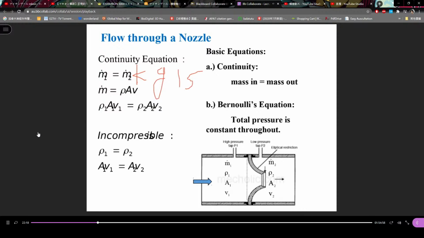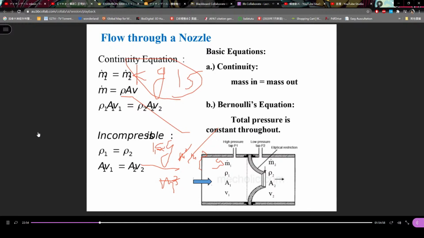Rho means density, in kilograms per cubic meter, and area is in square meters. V means meters per second. So square meter times meter per second gives cubic meters per second, and with density, the cubic meters cancel, and it is kilograms per second.